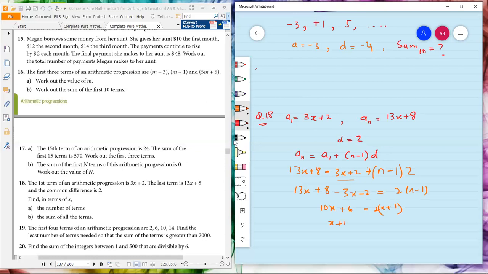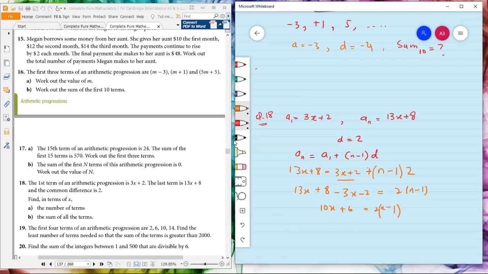Why would it become plus 1? Wouldn't it stay negative 1? Sorry, negative 1.